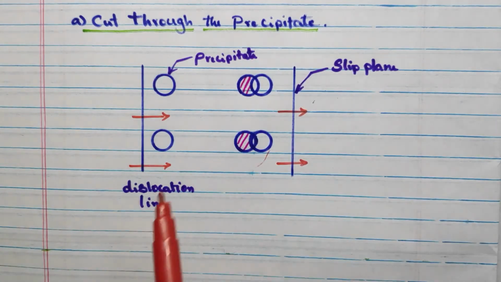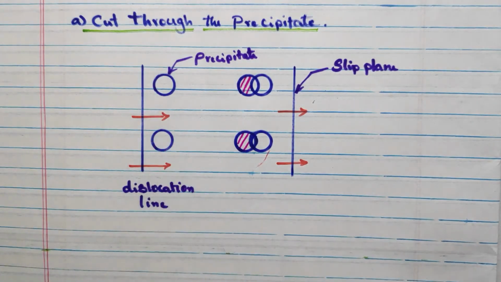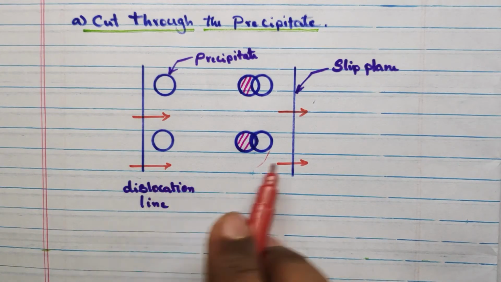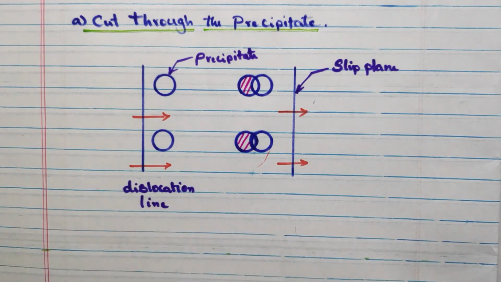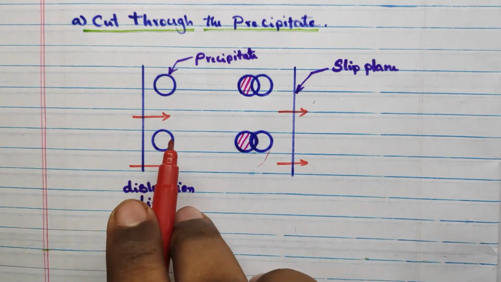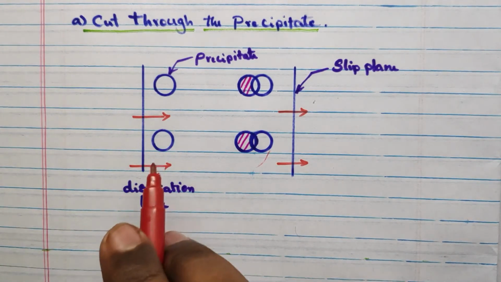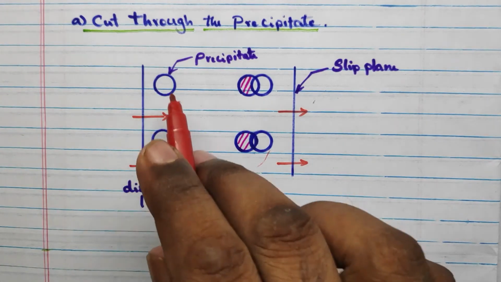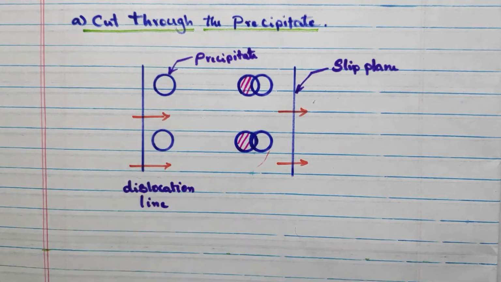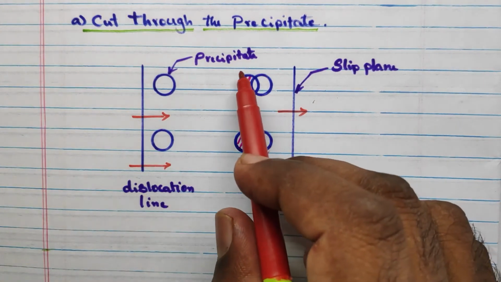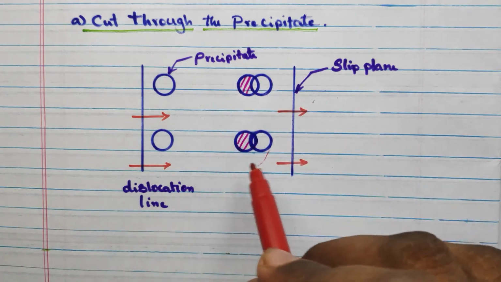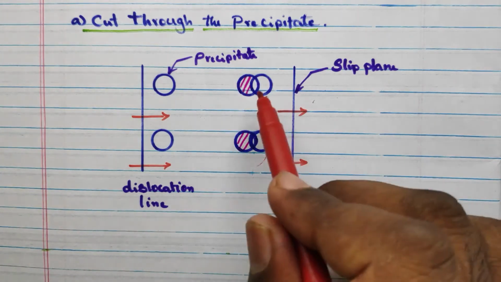Cut through the precipitate: these are the precipitates, and here you can see the dislocation lines, the dislocation motion. Whenever the dislocation influences the precipitate, it causes slip. Because of slip, this precipitate is showing in such a manner.